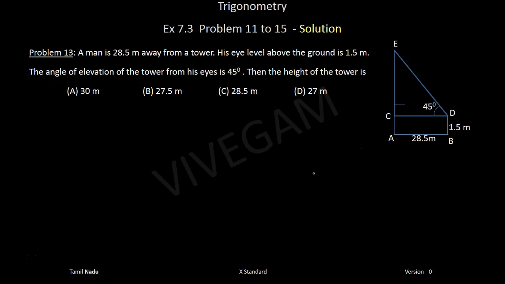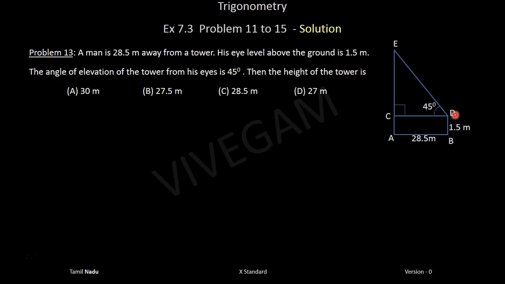So this is 1.5. This is the ground level and this is the tower. And he is 28.5 meters from the tower. So AE is the tower and DB is the man actually, and he is 28.5 meters from the tower and his eye level is 1.5 meters above the ground level.